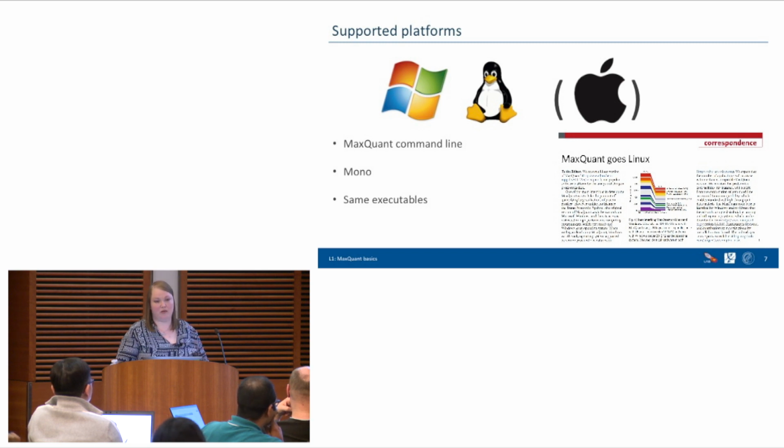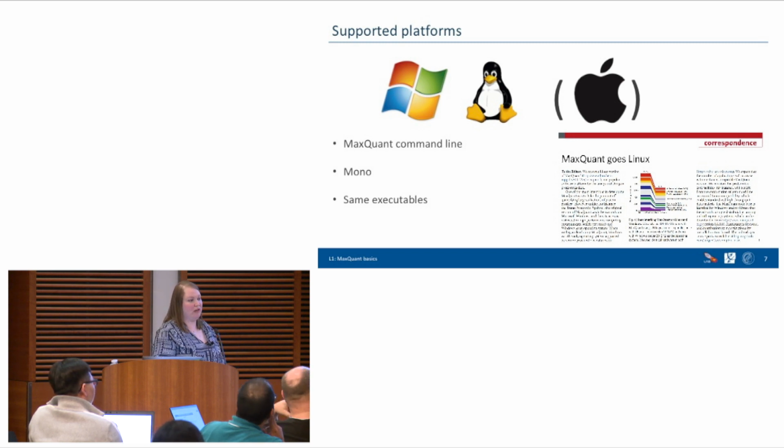Then we are also working to support, hopefully soon, Apple Mac. In theory it should already work on the command line, but we haven't fully tested it. Feel free to try it out, and if you have any problems, let us know, and that can also help to speed things up.